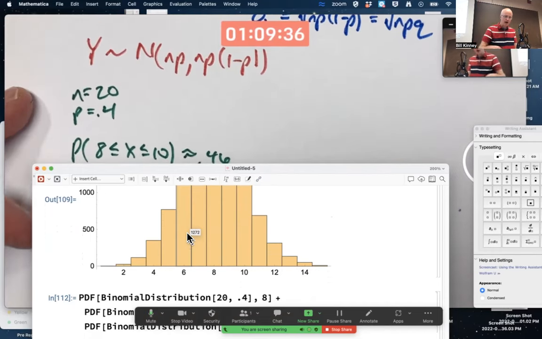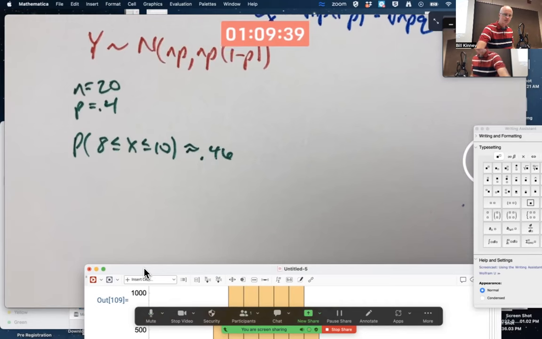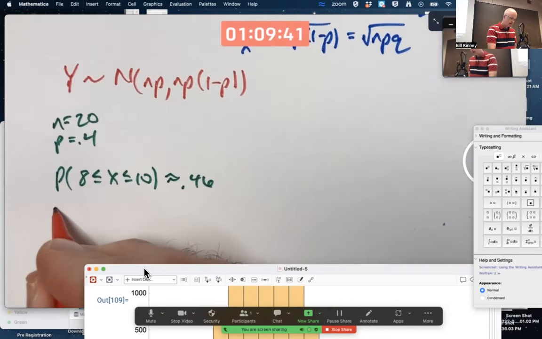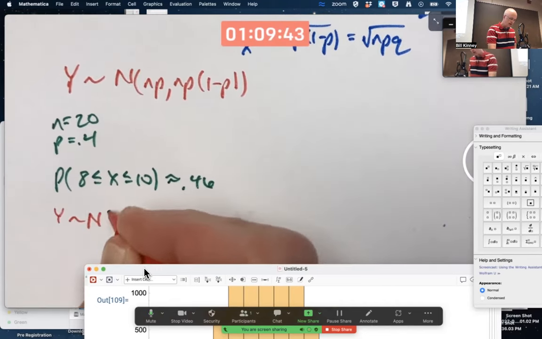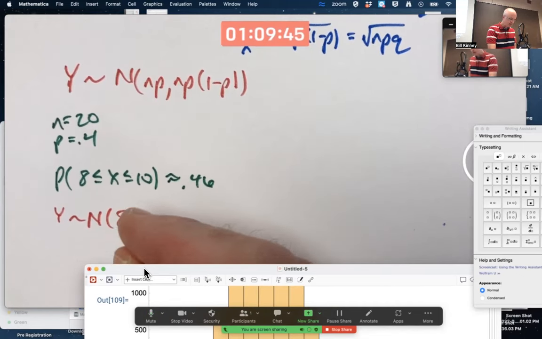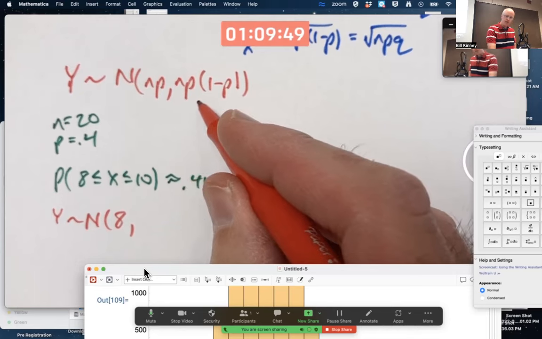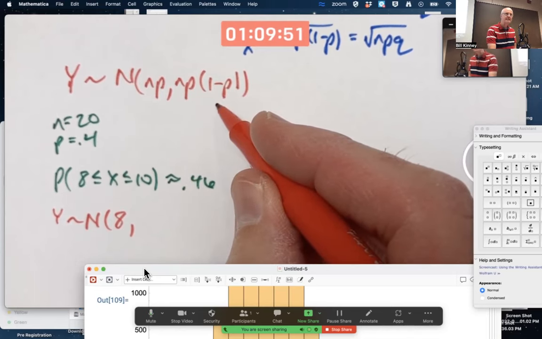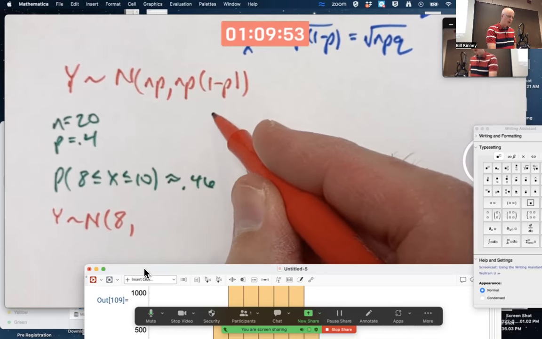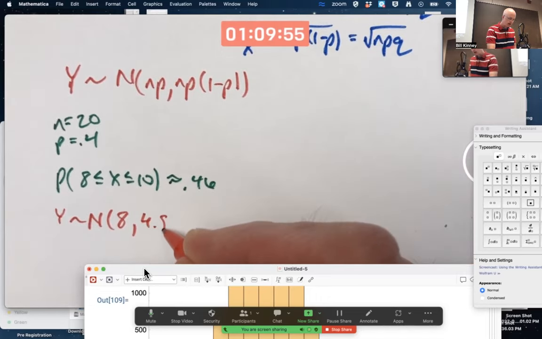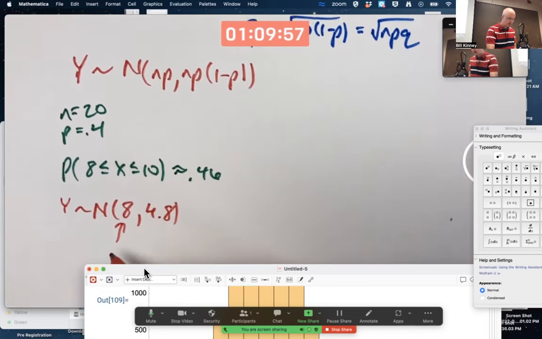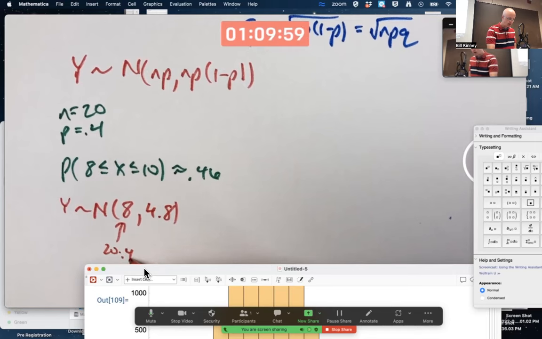In this case, Y is going to be normal with mean 20 times 0.4, which is 8. Variance is 20 times 0.4 times 0.6, which would be what? 4.8?